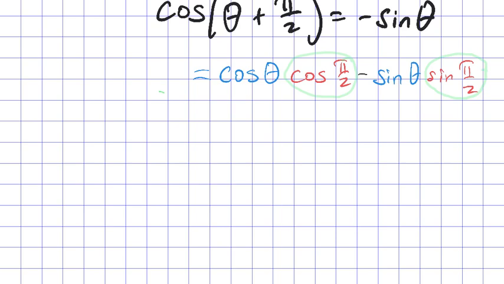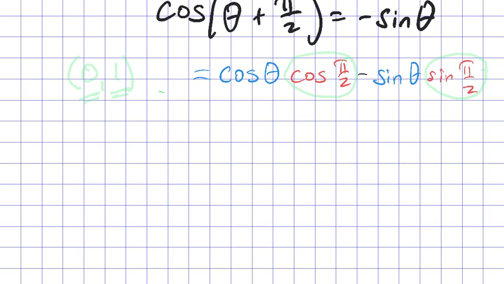Well, go back to page 27, and if you look at that circle chart there and find pi over 2, you'll see that that's 90 degrees straight up, and then you'll see in parentheses 0, 1. And remember, the first number represents the cosine, and the second one represents the sine.